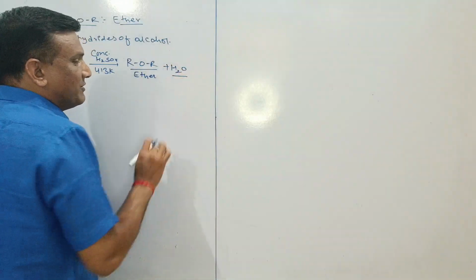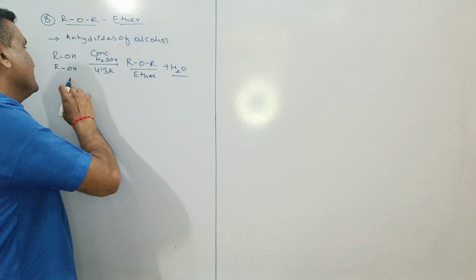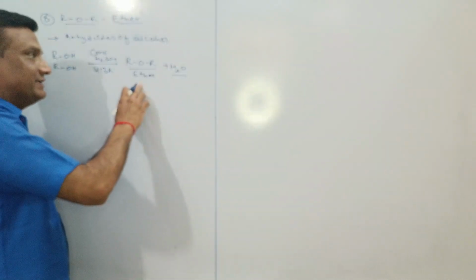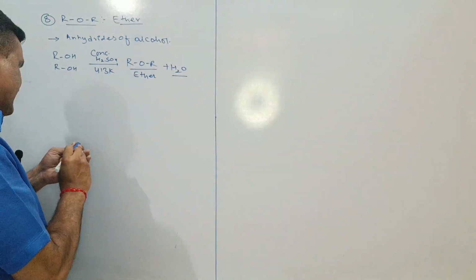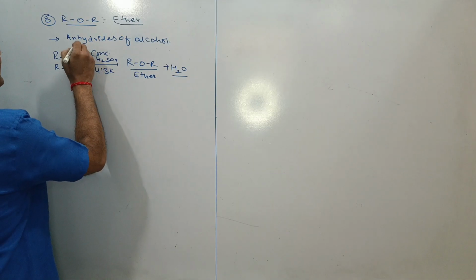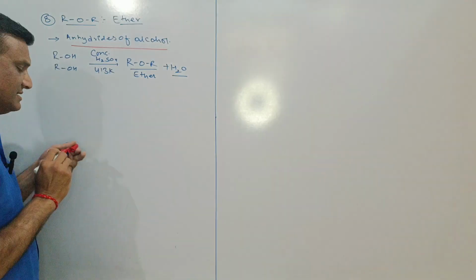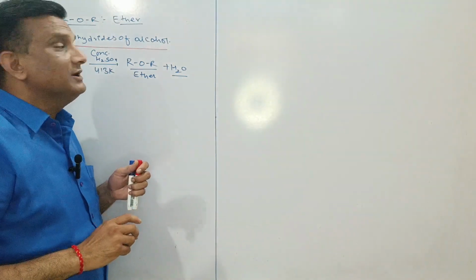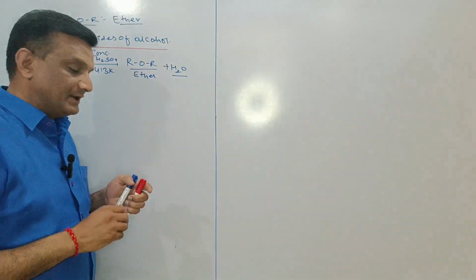Due to removal of one water molecule from two molecules of the alcohol, ether is formed. That's why we can say that ethers are also known as anhydrides of alcohol, meaning removal of water forms the ether.